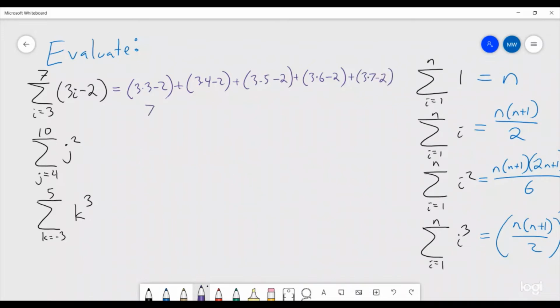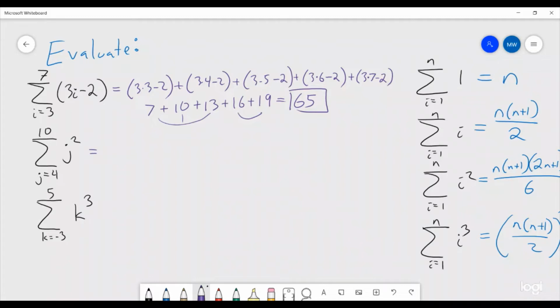So that is 7 plus 10 plus 13 plus 16 plus 19. And then we just have to go through and add those up. So we got 20, that makes 30. 16 and 19, that goes to 35. So 30 plus 35 is 65. So there's our first one.